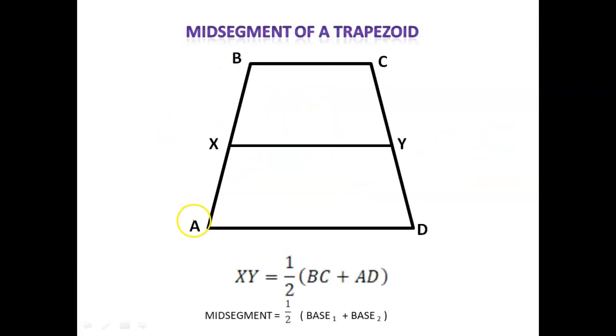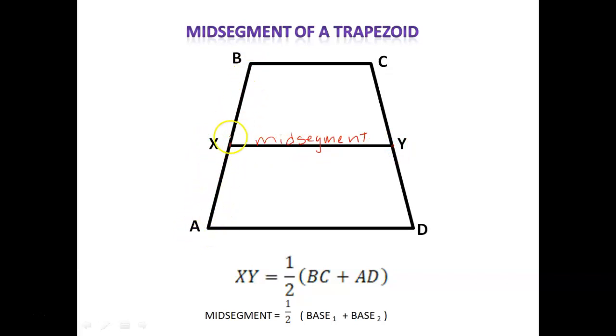All right, so next we're going to move on to the midsegment of a trapezoid. XY is the midsegment. I know it's the midsegment because it is the middle segment of the trapezoid. Each endpoint is the midpoint of a leg.